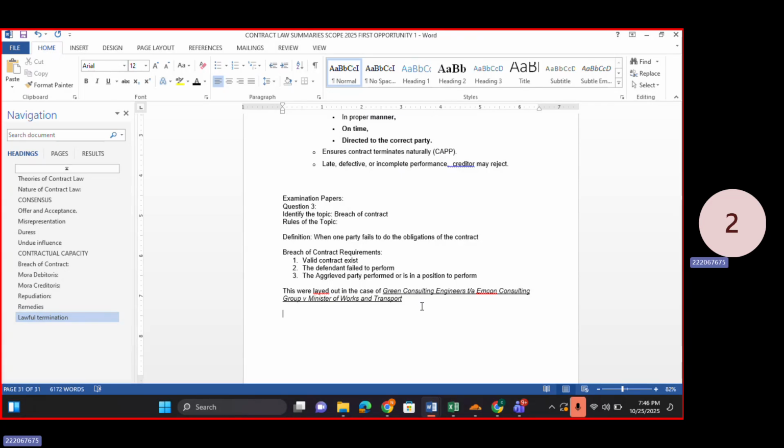You can say there are 4 types of breach of contract: mora debitoris, mora creditoris, repudiation, and finally positive malperformance.